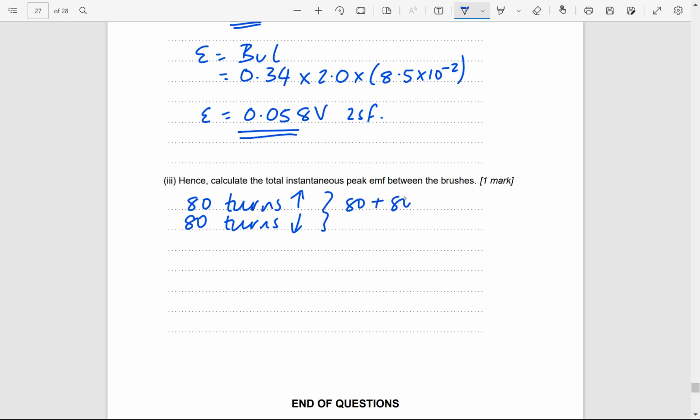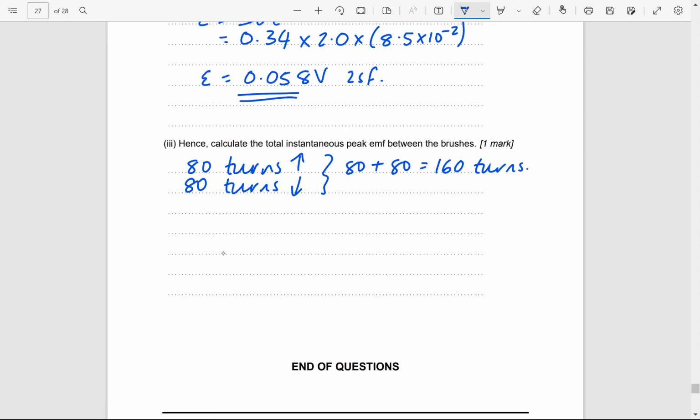So if you add them together, we have a total of 160 turns of movement, cuttings, if you like. So we've got 160 by the EMF, which equals 9.28. So I'm going to go to 2 sig figs again. Peak EMF is 9.3 volts.